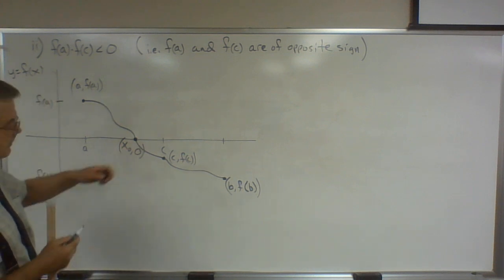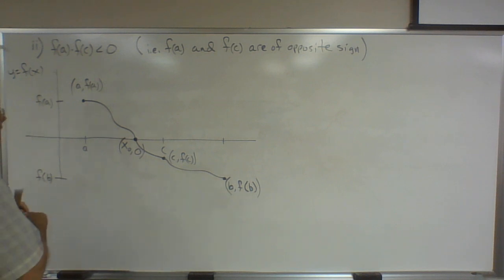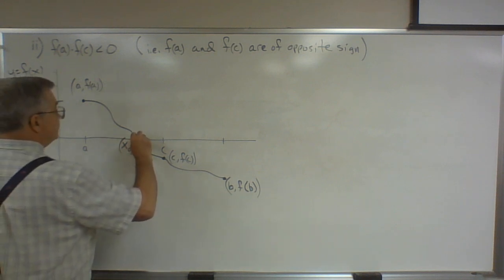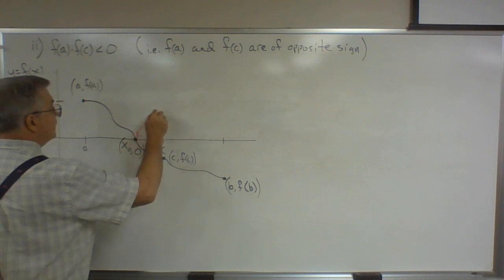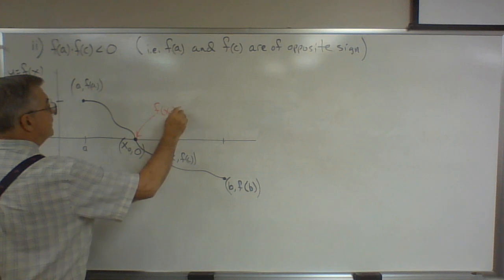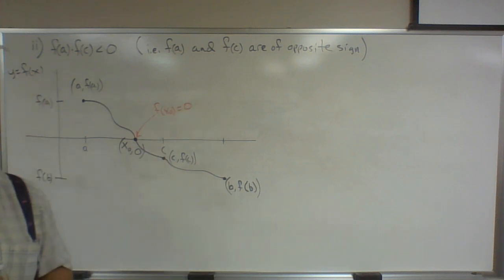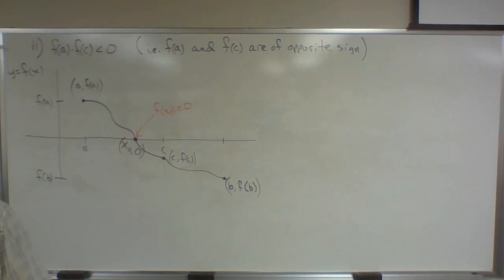And right here at this point, this is where we have our solution, f of x naught equals 0. Now let's write out in words what that really means.